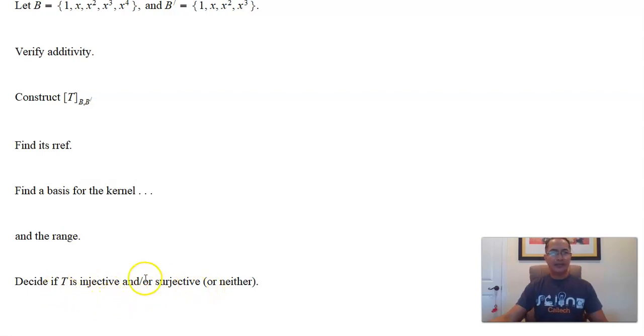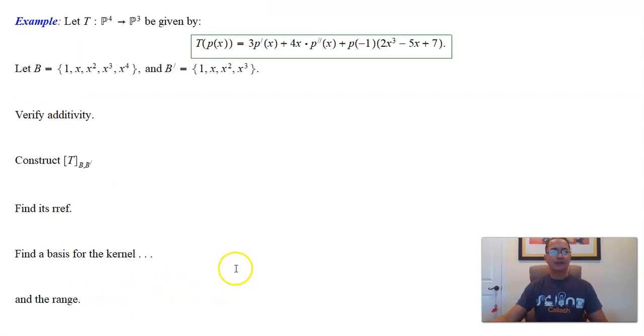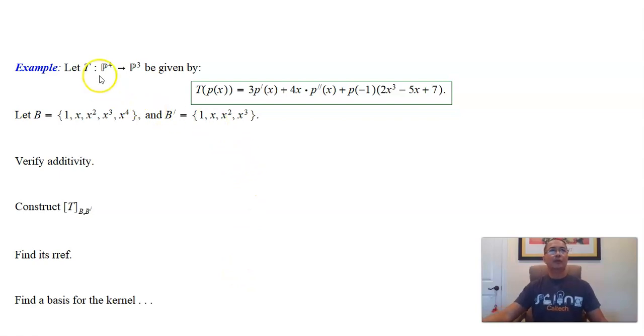Okay, actually, you know what? Let's think about that for a minute. You probably already know the answer. We're going from P4 to P3, bigger dimension to a smaller dimension. So we saw this in chapter 3. If you're going from R5 to R4, that's the perfect analogy here because that's 5-dimensional, that's 4-dimensional.